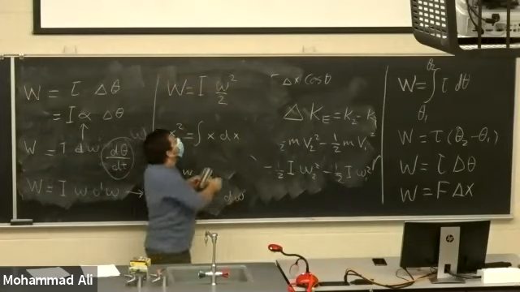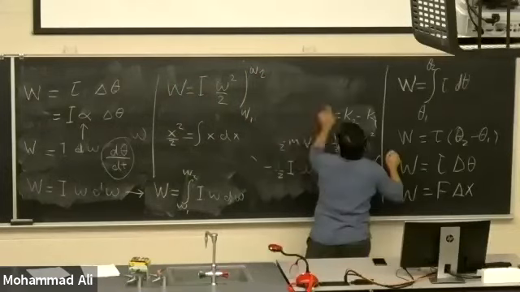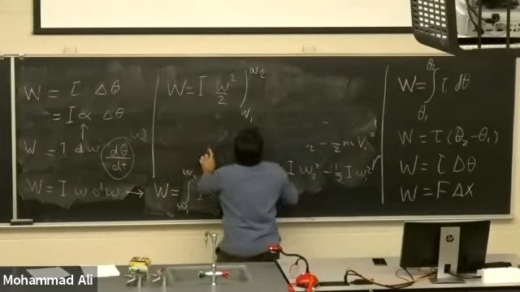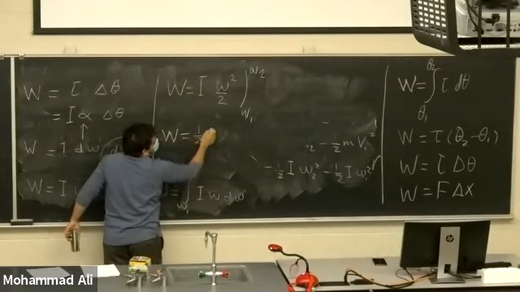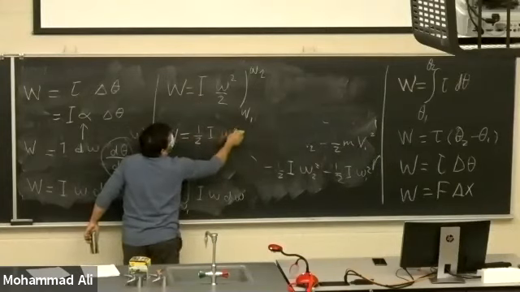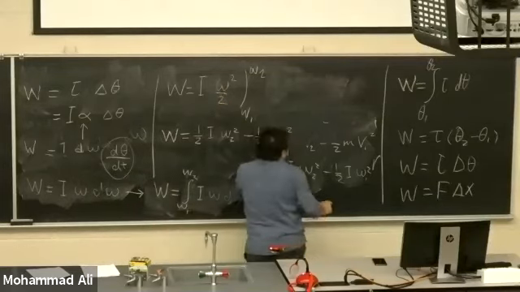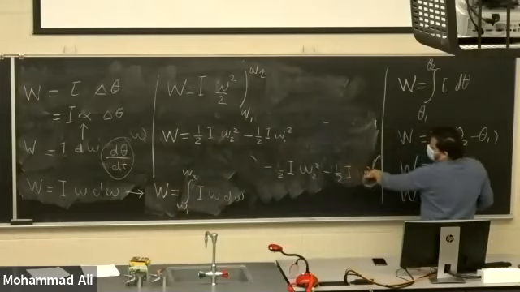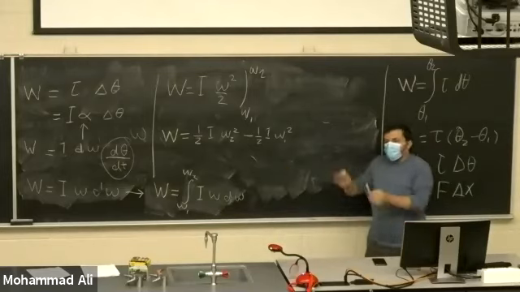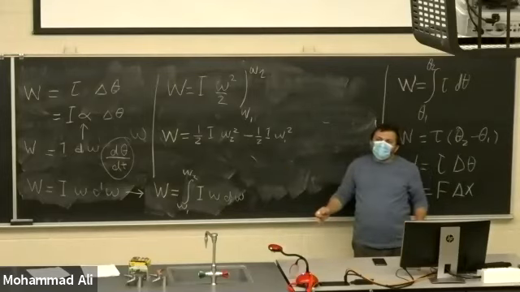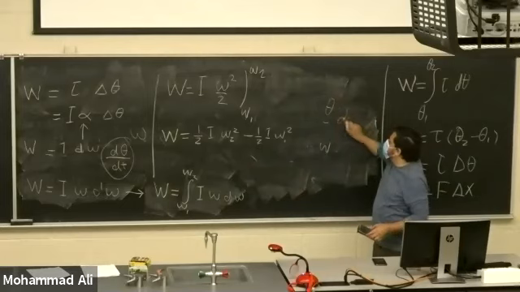It's omega squared over 2 from omega 1 to omega 2. Okay, so the work is equal to half I omega 2 squared minus half I omega 1 squared. It is just like what I told you from before. Now we know the mass is I, the velocity is omega, the x is theta, the acceleration is alpha, and so on.